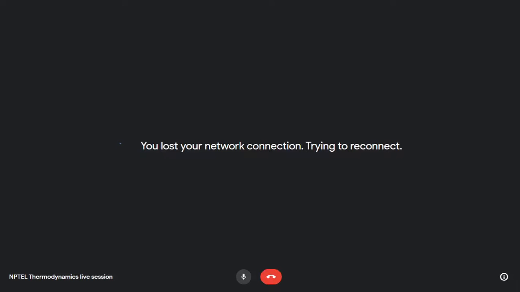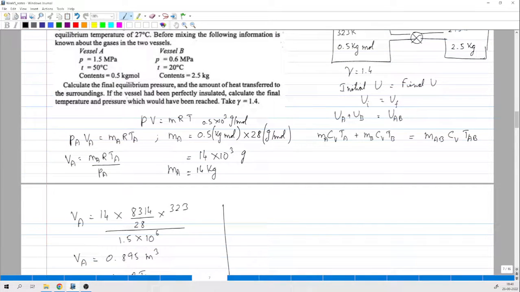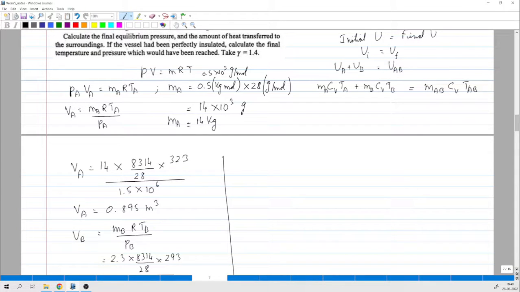Temperature is 293 Kelvin and pressure is 0.6 megapascal. So VB is 0.362 meter cube. So we have calculated VAB, that is the total volume of both the vessels.